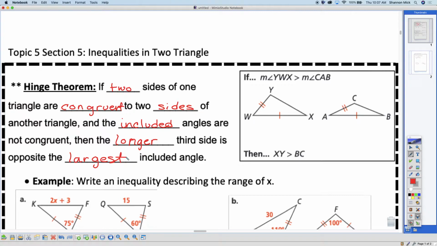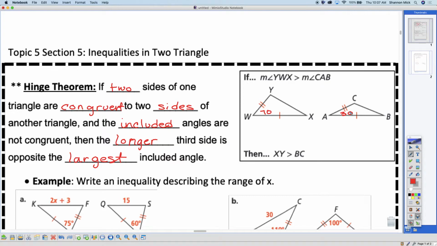Okay, so what that means basically is if I tell you that YWX is bigger, so it's 70, it's bigger than CAB, which is 30, which side is longer? YX would be longer than CB.